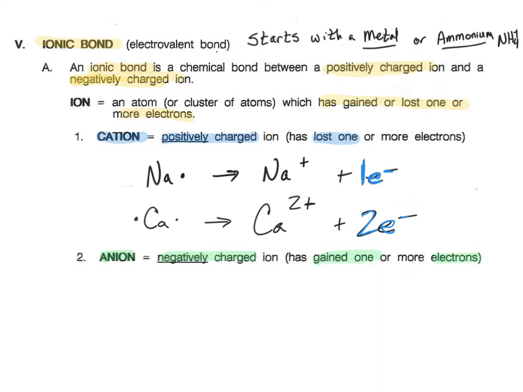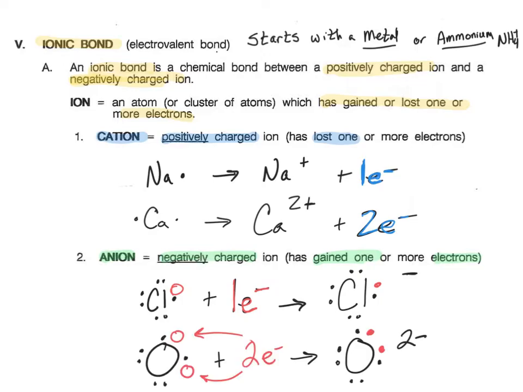An example of an anion might be something like chlorine, which has 1 spot left over ready to accept another electron, so it becomes negatively charged. Or something like oxygen, which again has 2 spots left over ready for accepting electrons, and that gets a negative 2 charge when it's done.